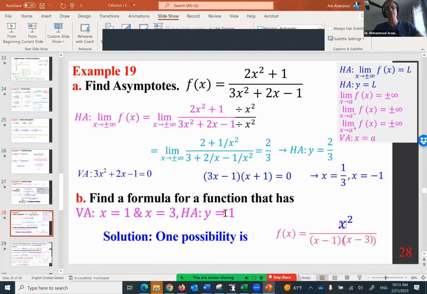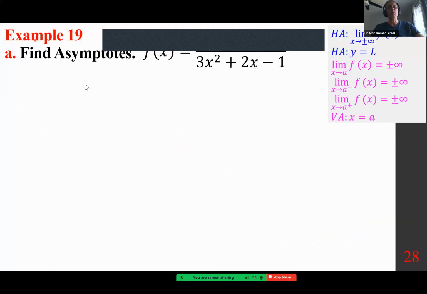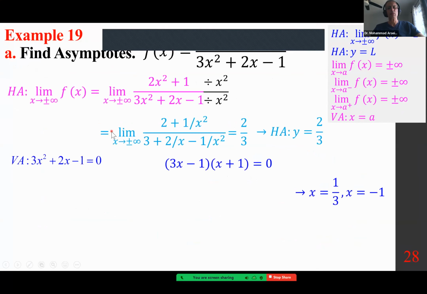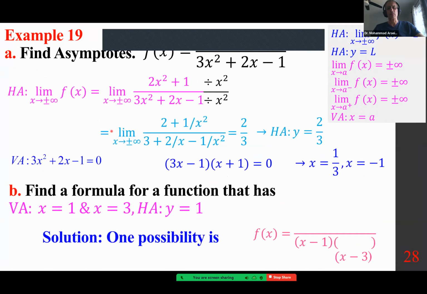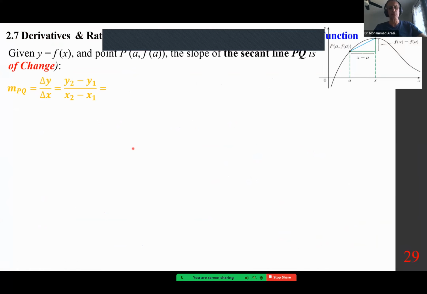And for part B, we're interested in finding a function, and we got one possible answer using the VAs. There are two of them, and the HA, and of course, this is one possibility, and there are more possible answers, but this is one possible answer. So we are going to move on now to new stuff.